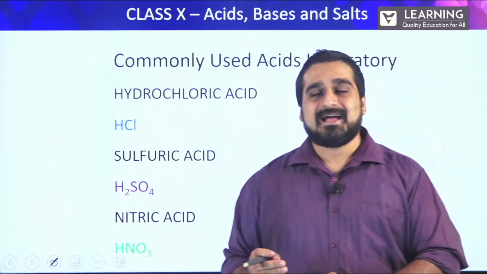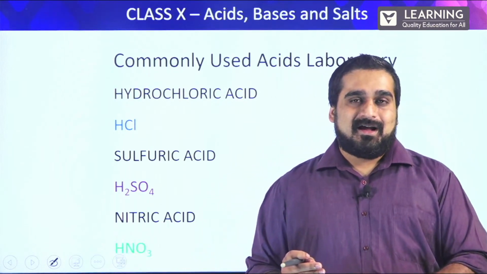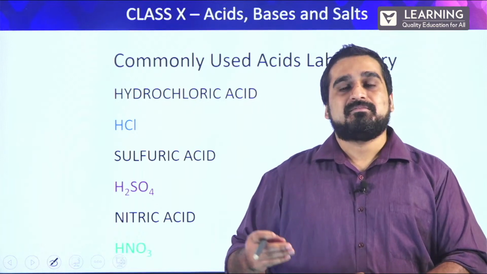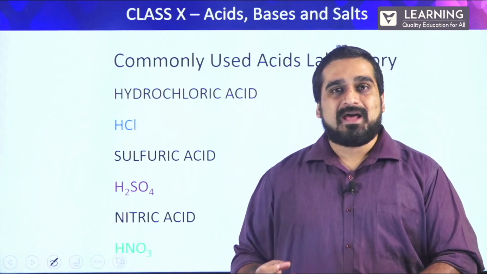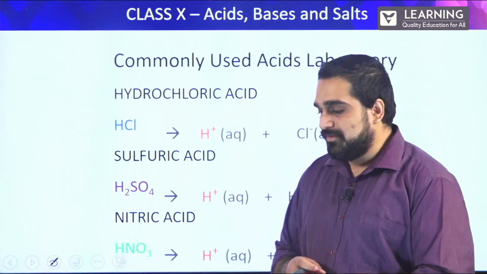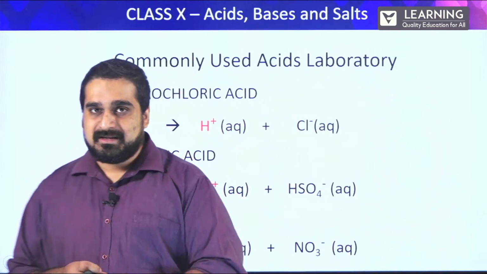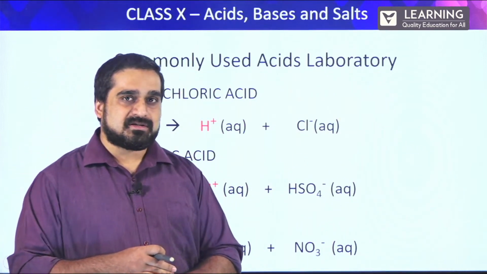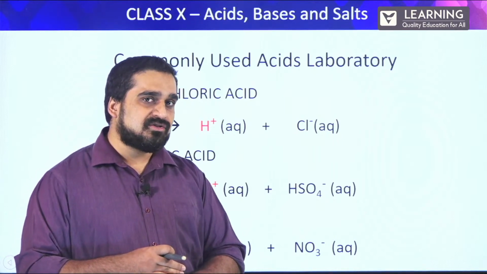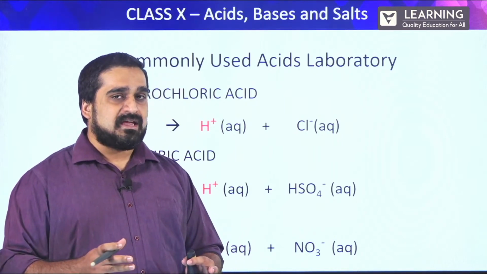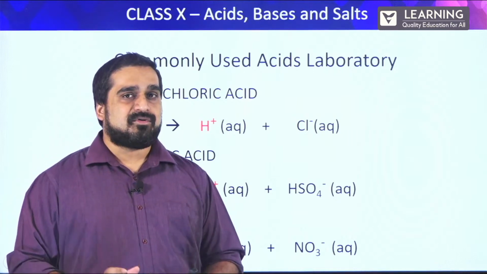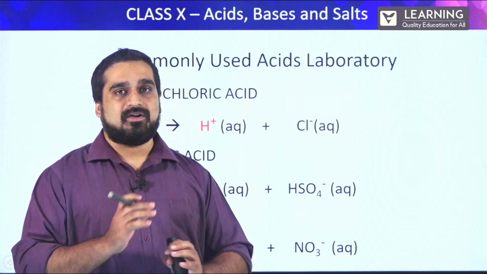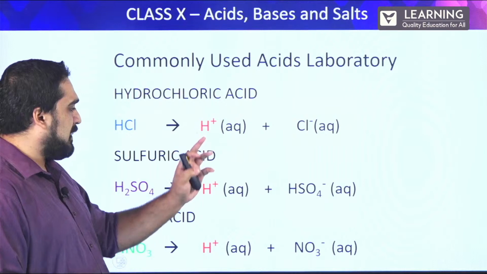Now, when these acids are diluted, meaning when they're put into water, what happens? They ionize, so they split into their active components. In all three cases, one of the active components is the hydrogen ion, H+.